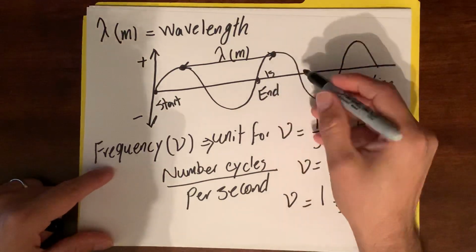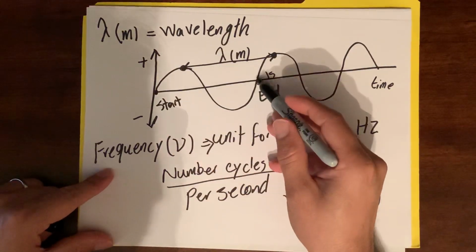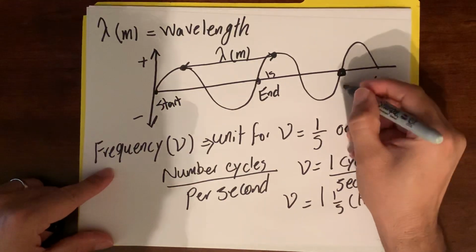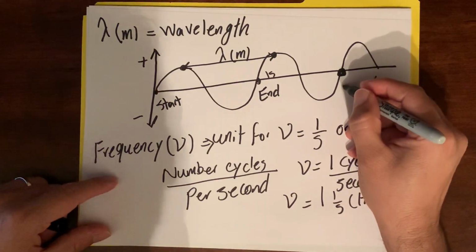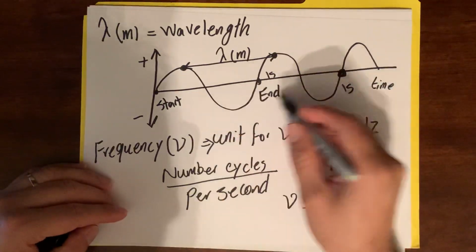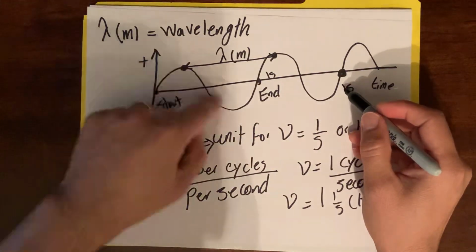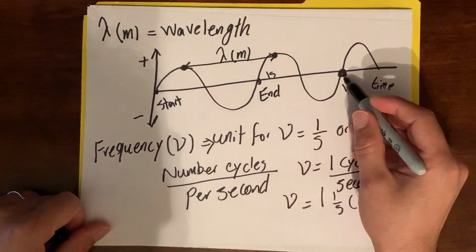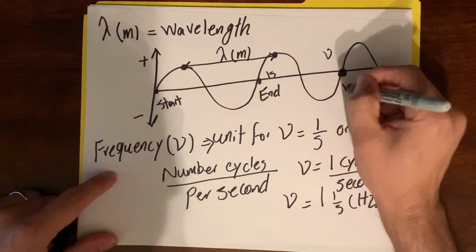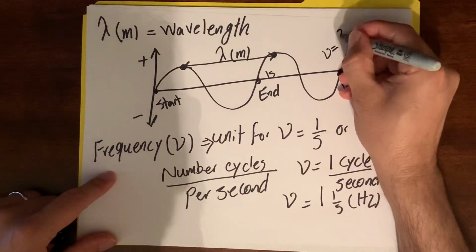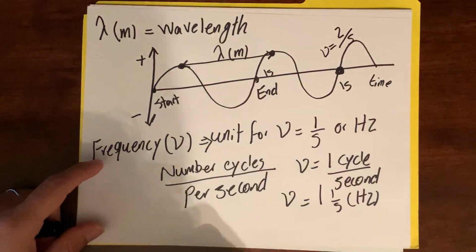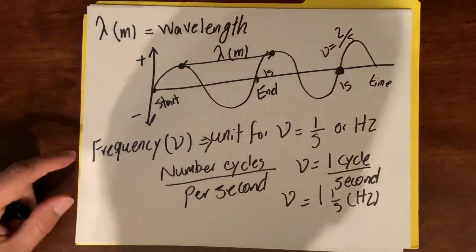How about this position? If I go till here, and let's say again in 1 second, 2 cycles pass this point. So in this position, the frequency is going to be 2 cycles per second.